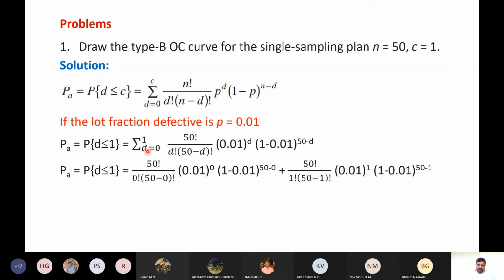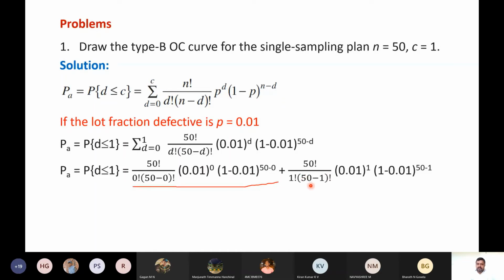First I will substitute the D value as 0. Wherever there is D, it is substituted by the value 0, and N is 50. This equation will give you the probability of getting 0 defectives. Next, you have to evaluate the probability of getting 1 defective, by substituting D as 1 in the same equation.